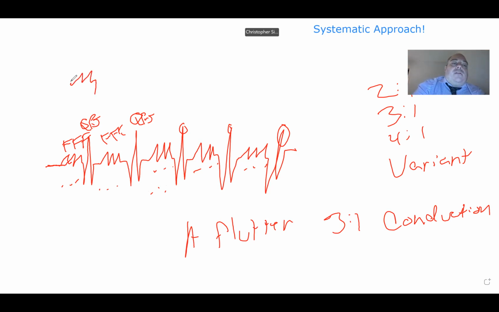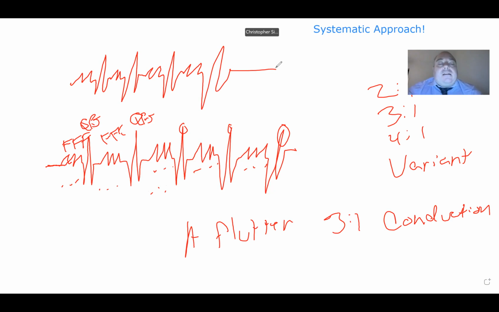Okay, so if we had flutter wave, QRS, flutter wave, QRS, like that, what do we got now? We got 2 flutters, 2 flutters, 2 flutters. So we have 2 flutters for every QRS. So we would say we have a flutter with 2 to 1 conduction.